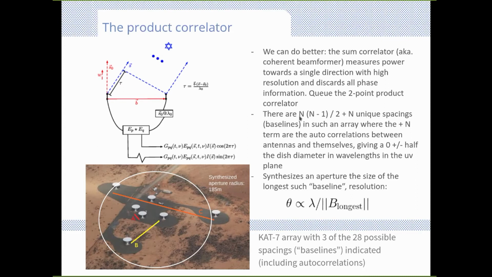This n over here is the number of antennas. This first bit here, n times n minus 1 over 2, is the number of cross correlation products, where we take the correlation between this antenna and that antenna, so for unique antennas. And the n term over here describes the correlation between each antenna with itself.